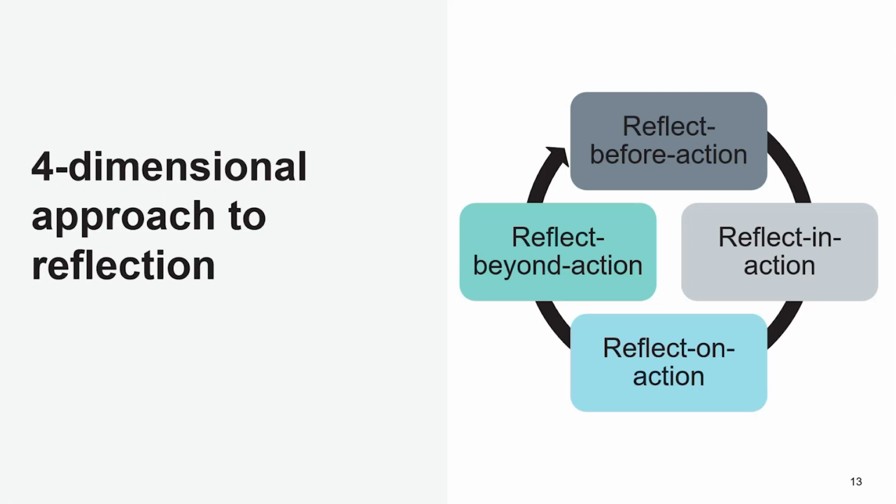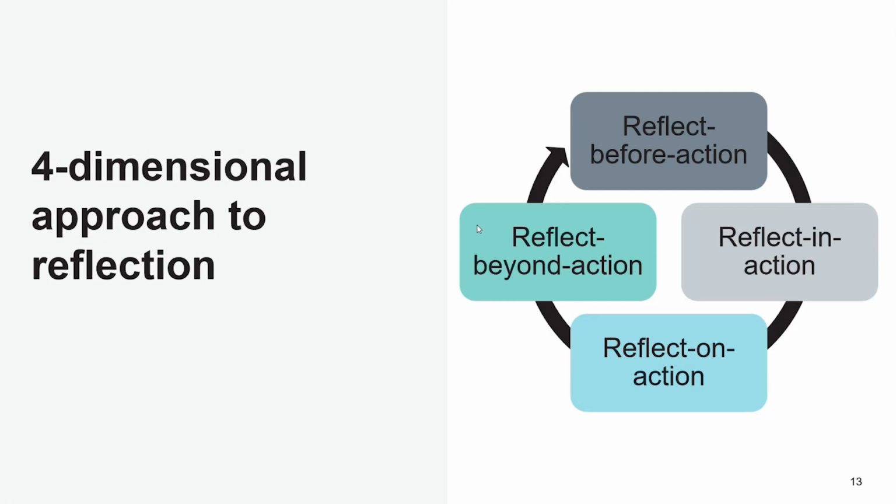And just to bear in mind, it's cyclical because one feeds into the other. So as we said, when you reflect on action, you're going to be drawing on how you prepared for it. In action, you're going to think about how you prepared for it as well. In your reflect on, you're going to think about preparing and how you engaged in it.